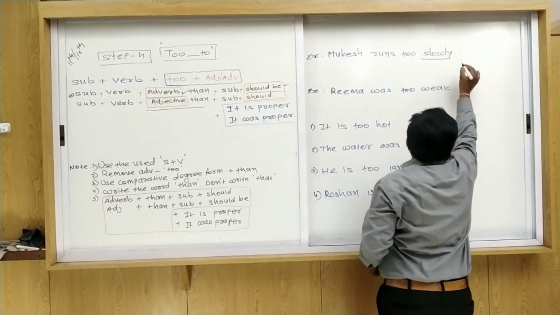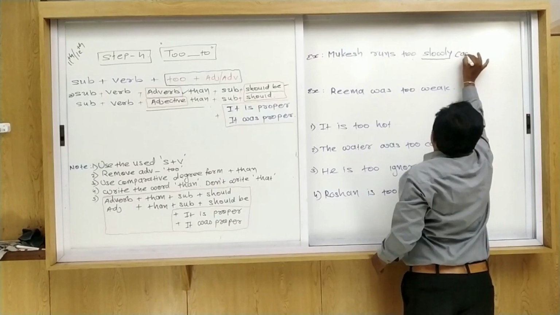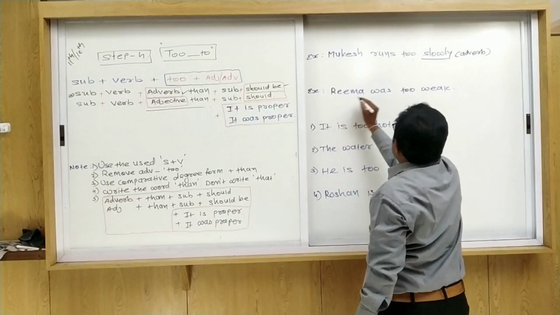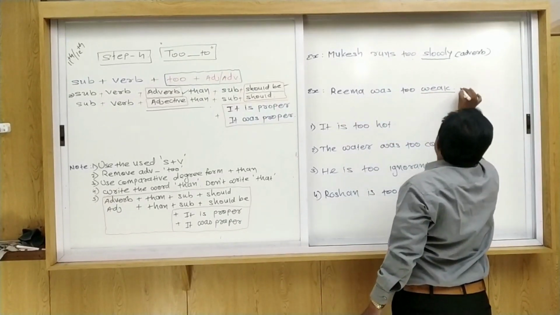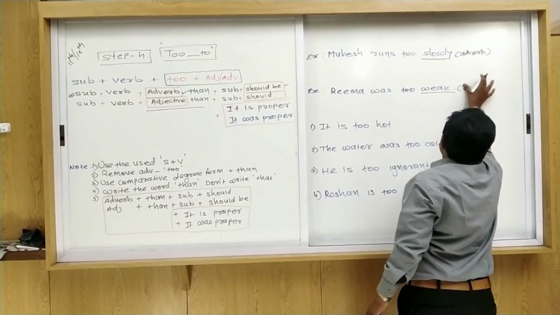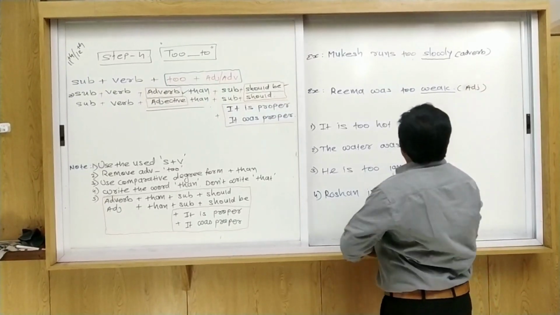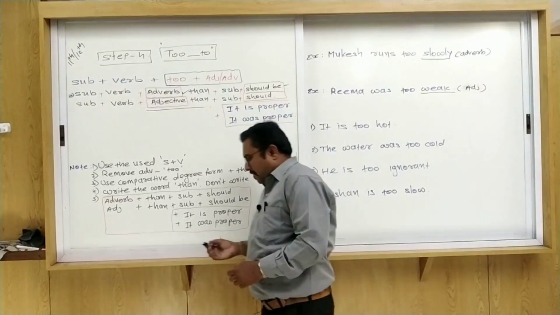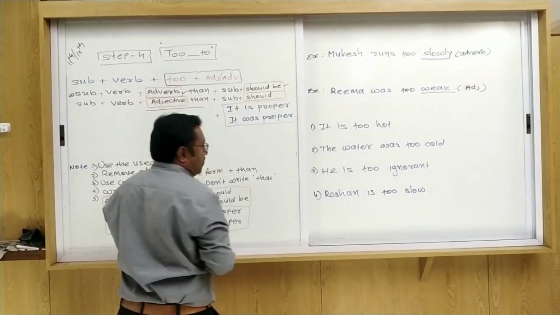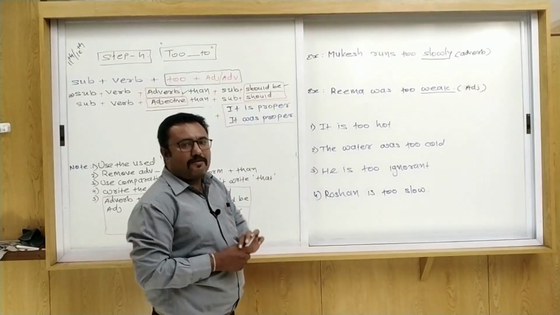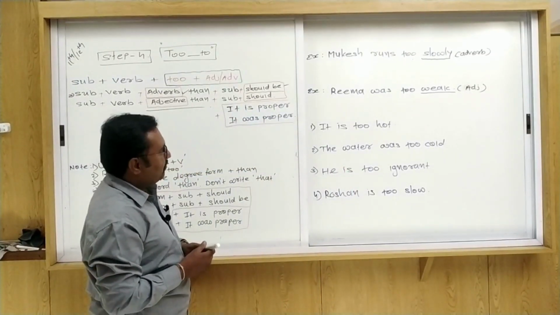So slowly is an adverb, and Rima was too weak. So weak is an adjective. So I try to show you two types of sentence. The first one is about adverb and the second one is about adjective.